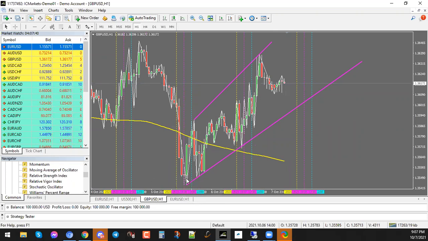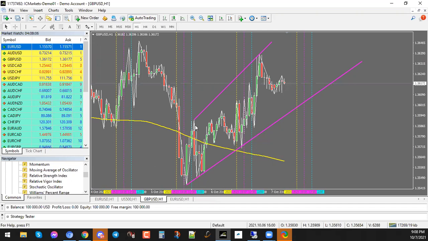So since this is the lowest point of the day between 12 and 4 o'clock, we would look at this as our swing low. So if this is our swing low, we would connect our swing low to the next swing, which is right in this area, and project that one out to around 8 o'clock or so, right?